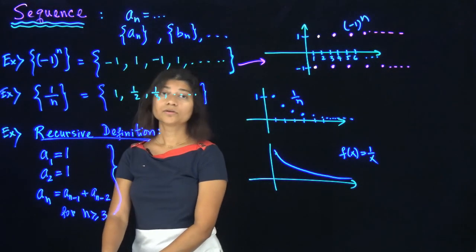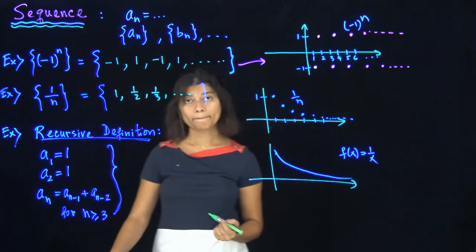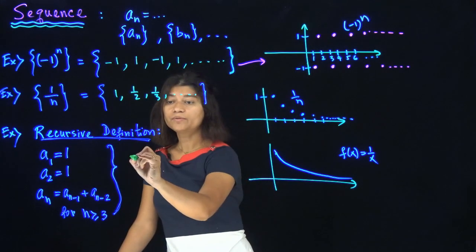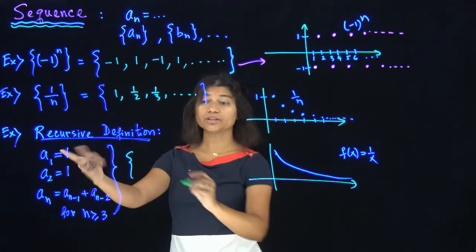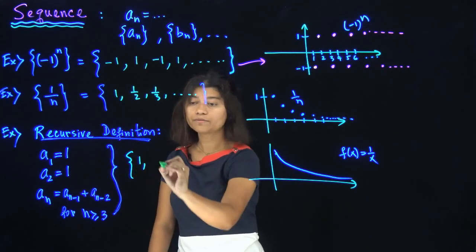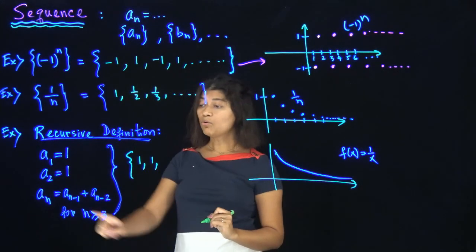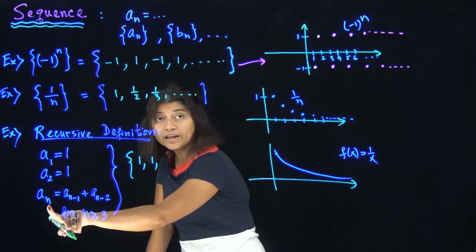The question is, do you know how to write the terms of the sequence? Let's see. So let us write down the first term. The first term is a_1, which is given to you, is 1. The second term is a_2, which is also given to you, is 1. Now what is the third term? What is a_3? That means you're going to plug in 3 here.